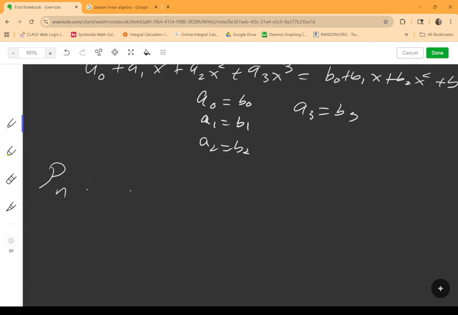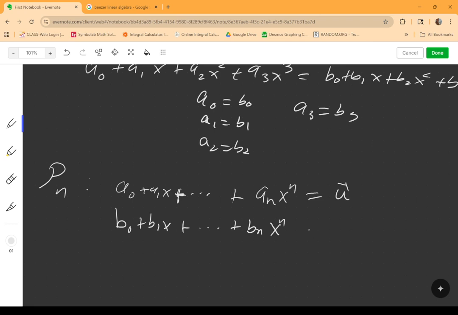Standard addition: if we have one vector u, and then our other one v, with coefficients b0, b1, and so on, what would it mean for this operation u plus v?